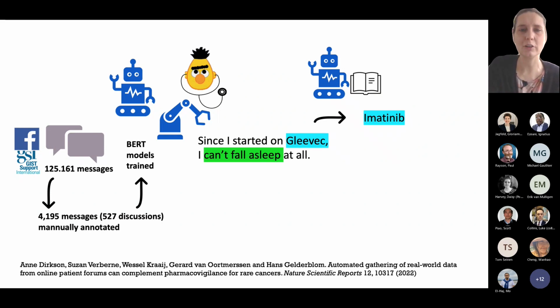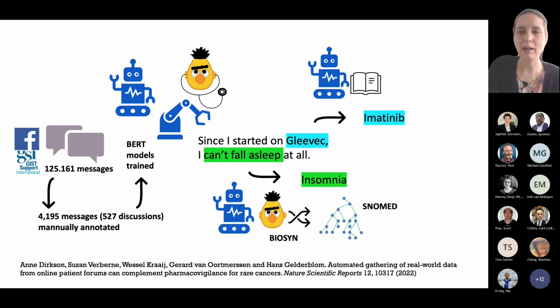So here someone said, since I started on Gleevec, I can't fall asleep at all. The green thing here is a side effect, and it has to be matched to a normal form in the SNOMED ontology. And the normal form here for can't fall asleep is insomnia. So this is the official term.